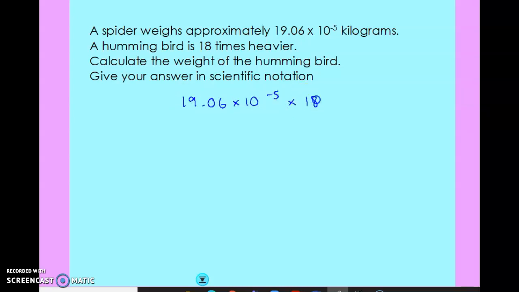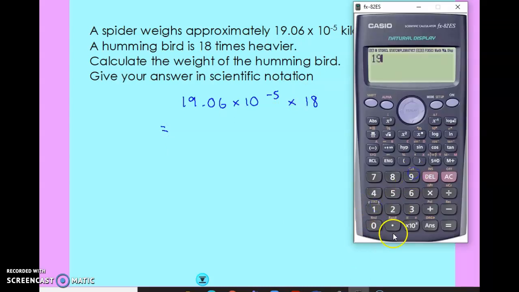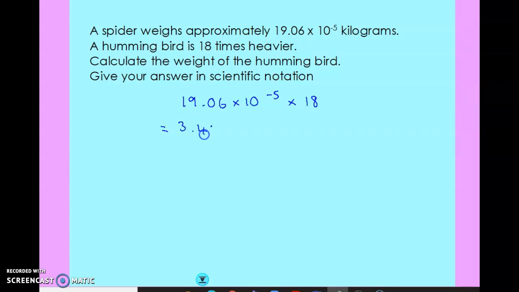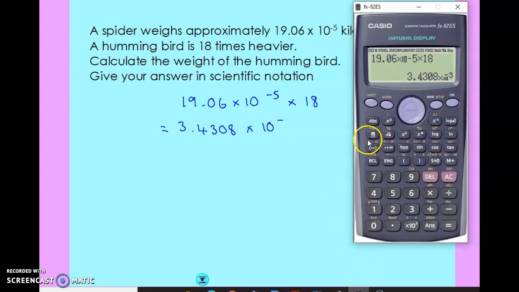The bird is 18 times heavier, so I'm going to times that by 18. 19.06 times 10 to the power of negative 5 times 18 is 3.4308 times 10 to the power of negative 3.